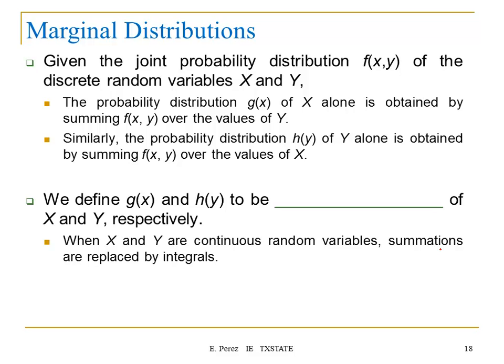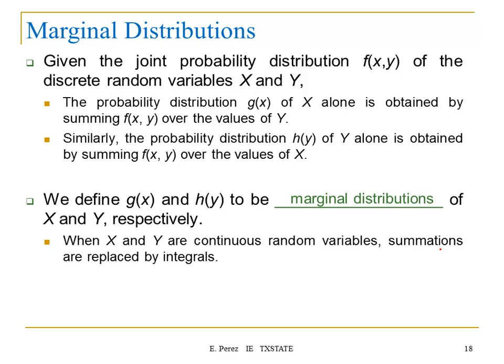It will become clear with the example. Similarly, the probability distribution h of y, of our second random variable alone, is obtained by summing the joint distribution function over the values of x. We define g of x and h of y to be the marginal distributions of x and y respectively.